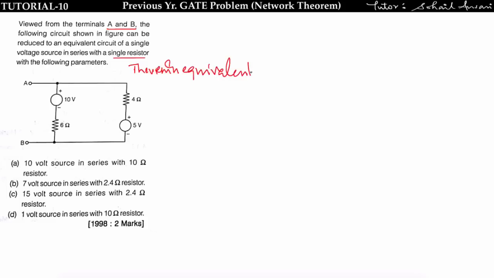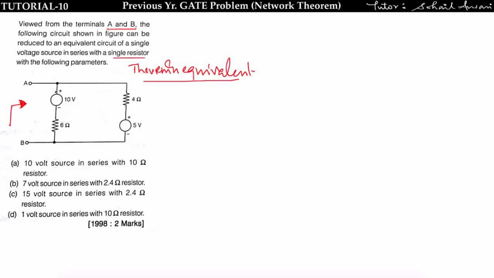To find the Thevenin equivalent, first I will find the RTH. How to find the RTH across this terminal? To find the RTH, we should short circuit the voltage source and open circuit the current source. Here only two voltage sources are present, so I will short circuit this voltage source and this voltage source.